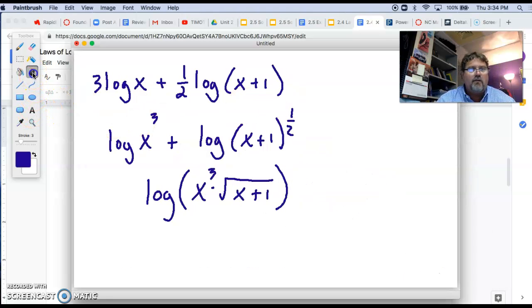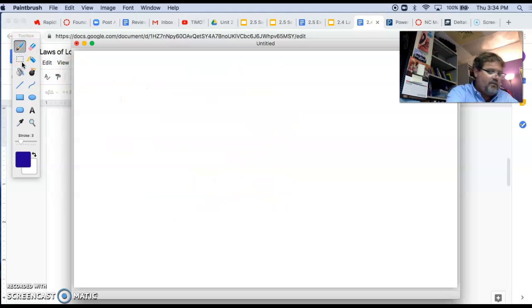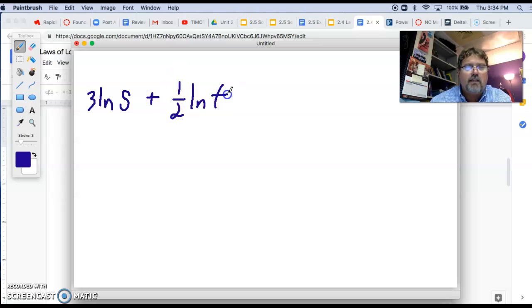All right, so let's clear this out and do one more. So this time we've got 3 natural log of s. And I don't like s as a variable a lot because they look like 5s, or when I write them, they do. Plus 1/2 natural log of t minus 4 natural log of (t squared plus 1).